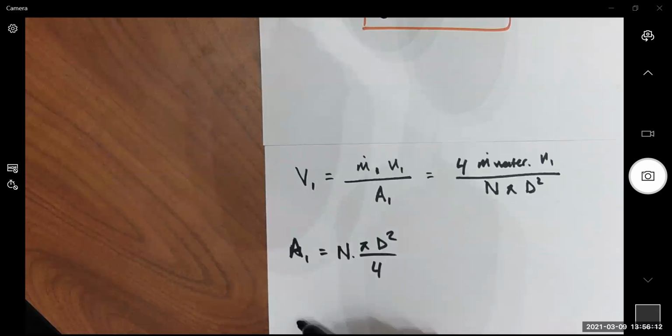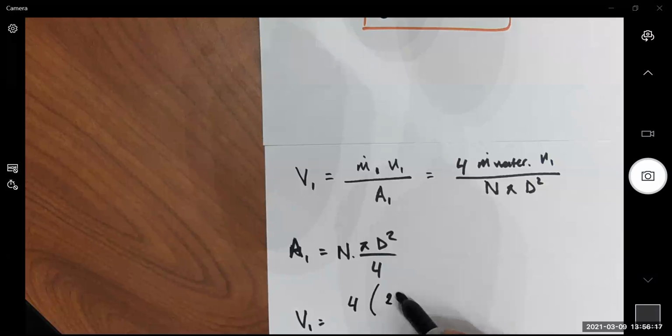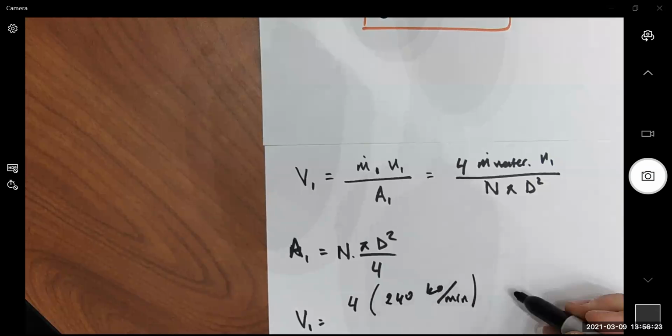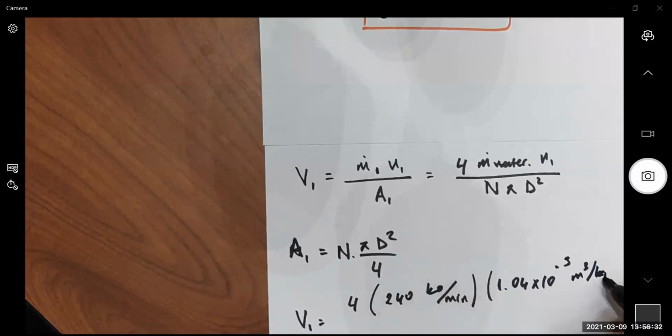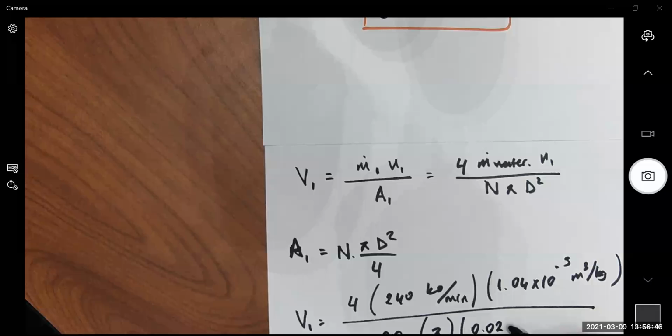And V1 is here 4 times the mass flow rate, 240 kilograms per minute. Specific volume is 1.04 times 10 to the minus 3 meters cubed per kilogram, divided by n, the number of tubes. I have 20 tubes, pi, 2 centimeters, meter squared, times 60 seconds per minute.